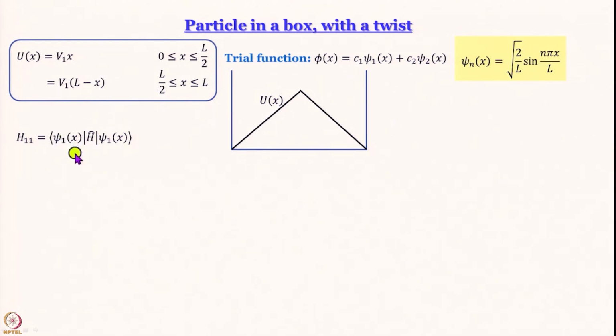Integral psi 1 x star. In this case, of course, star is redundant, it's just psi 1 x is fine, because it is a real function, that left multiplying Hamiltonian operating on psi 1 of x. Let me, for the record, we will refer to it shortly, but let me even now write it once. What is this Hamiltonian?